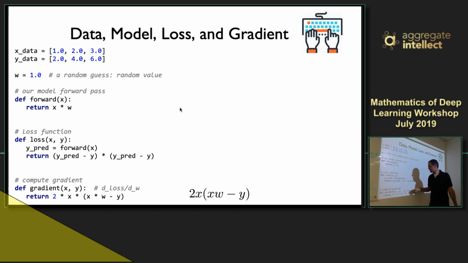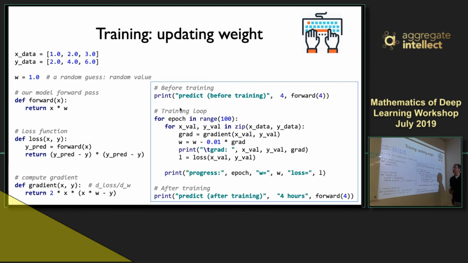Easy, right? And then we compute the gradient as much as you just did. Here it is 2 times xw minus y. So that's the setup of the problem.